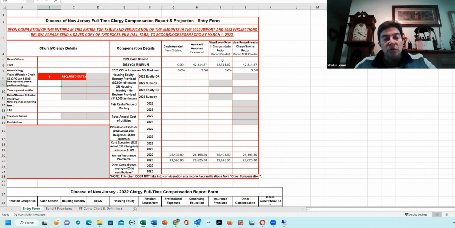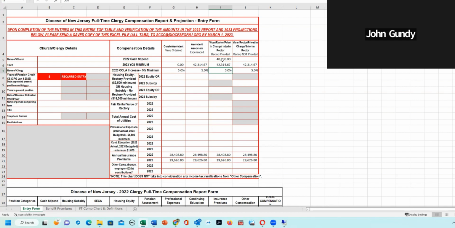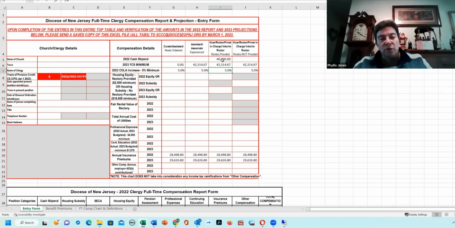In order to incorporate the COLA, when you enter the 2022 cash stipend, it will calculate the COLA on top of the 2022 cash stipend. You'll see, when Gary finishes further along, that it will compare the cash stipend plus the 5% against the years of credited service minimum, and it will take the higher of the two.